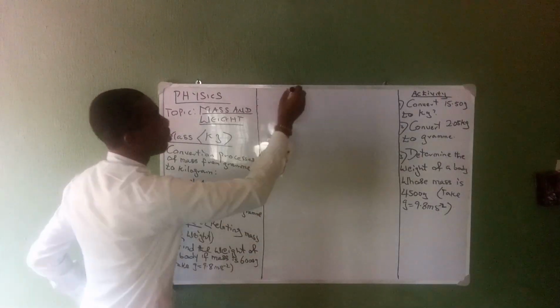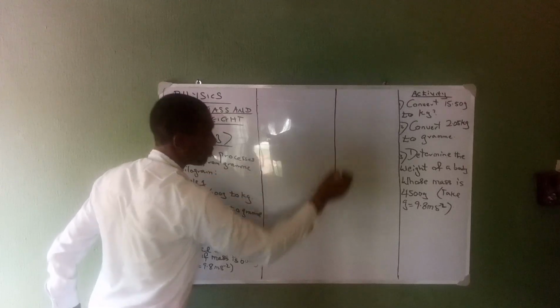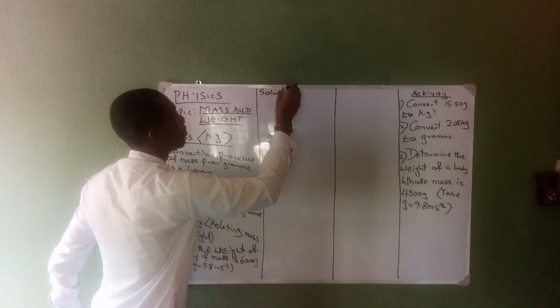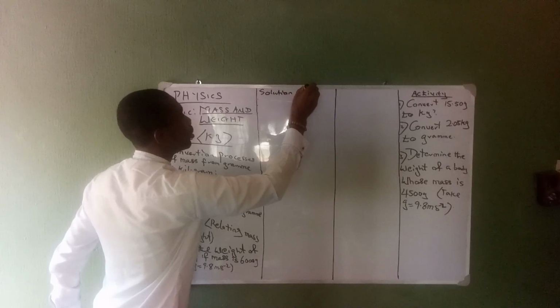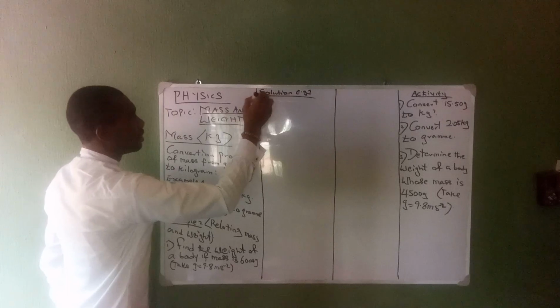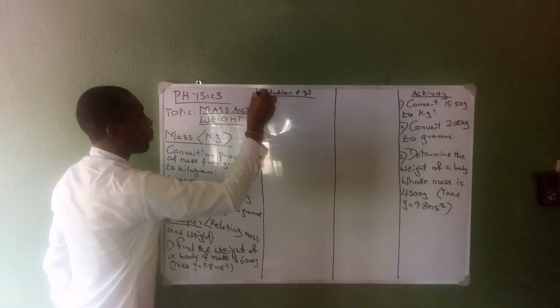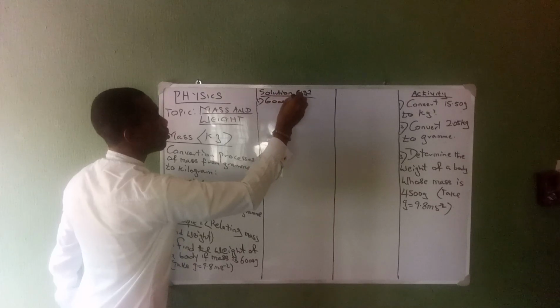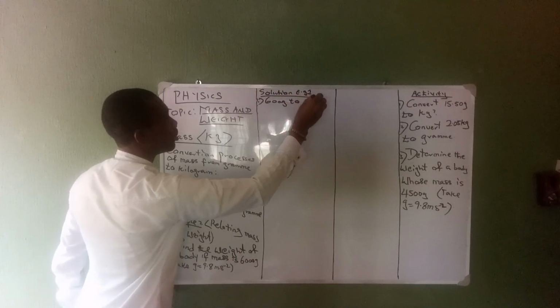Now for example 1, we have the solution to EG1. In part I, we are expected to convert 600 gram to kg.